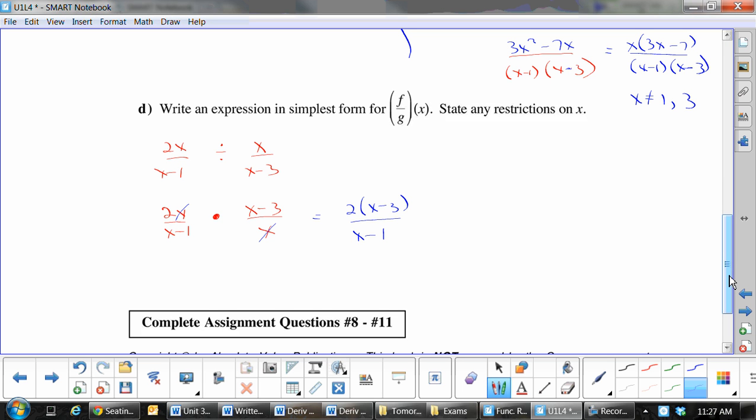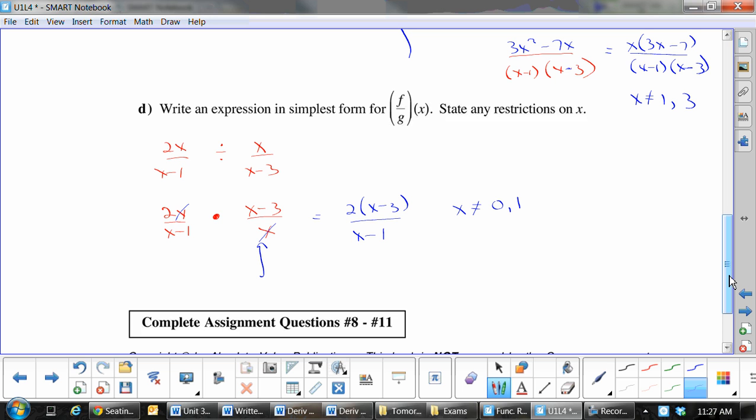Okay. X cannot equal what? Zero? Because it's bad here, right? Okay.